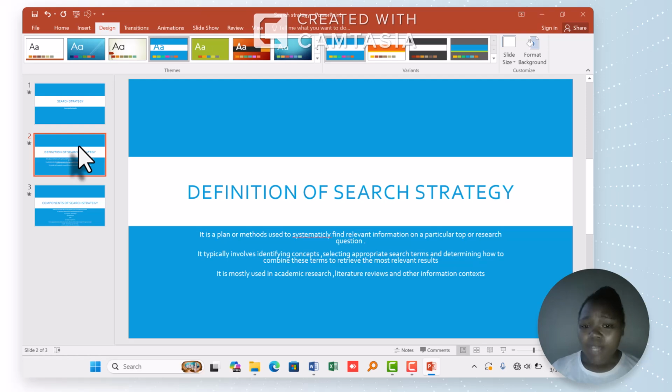So selecting appropriate search terms, I cannot search everything. Rather, first I can know which is the appropriate search term. We can see that the first is we have the effects of wildlife conservation. That is the first one.